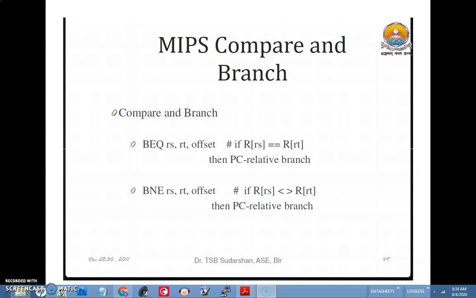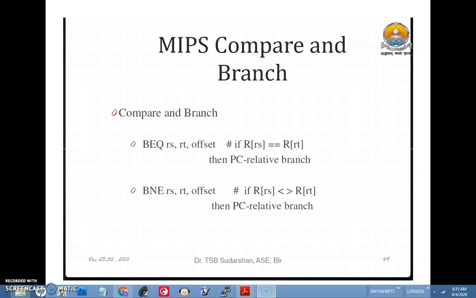If RS and RT have the same value, then we will use the offset value to modify the PC. That offset is a signed value. That means you can add the offset, which could be a positive or negative value, resulting in a branch which is going forward or backward.